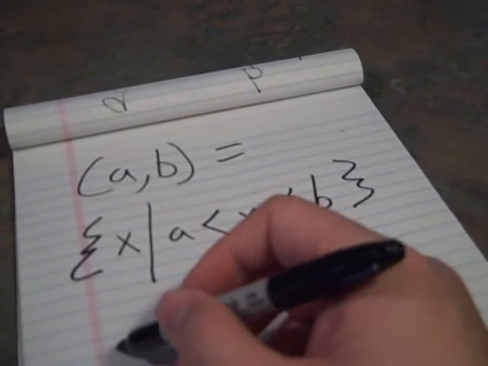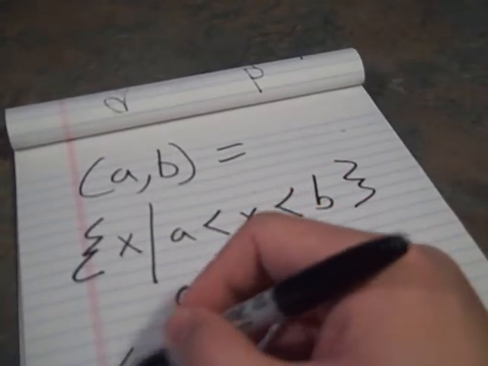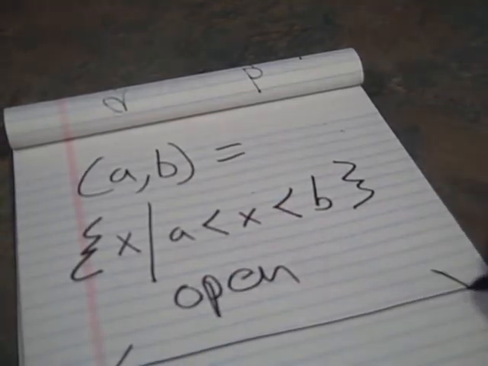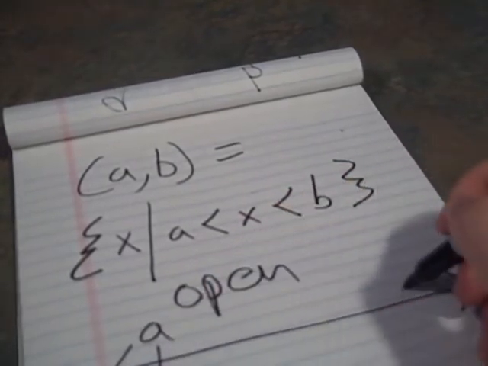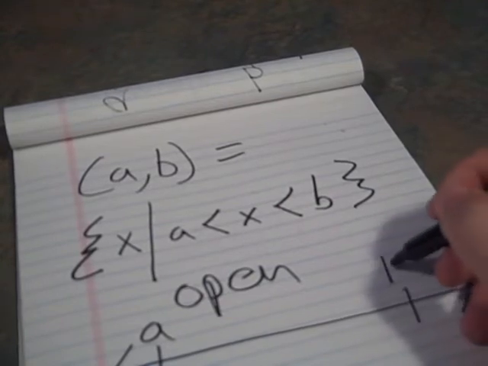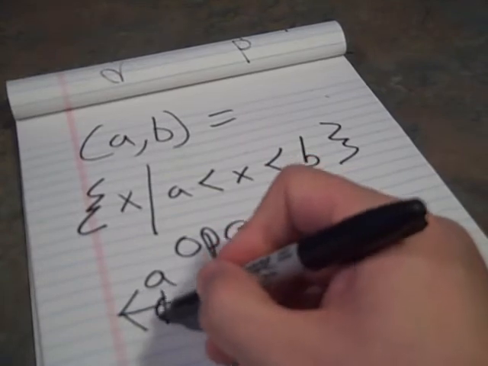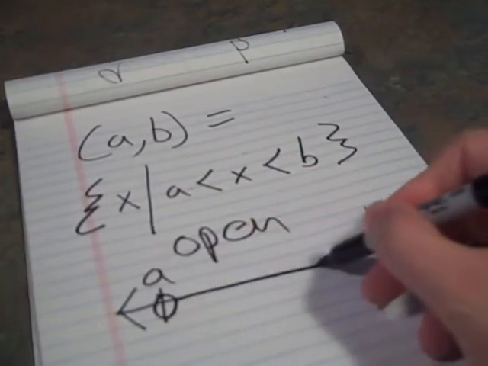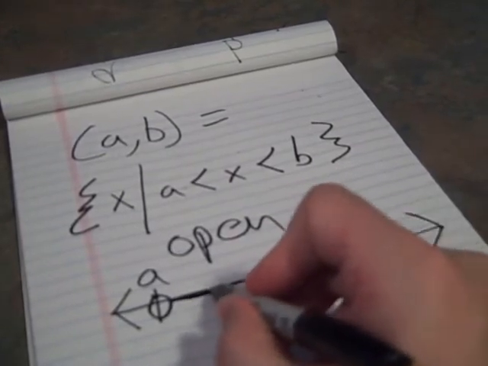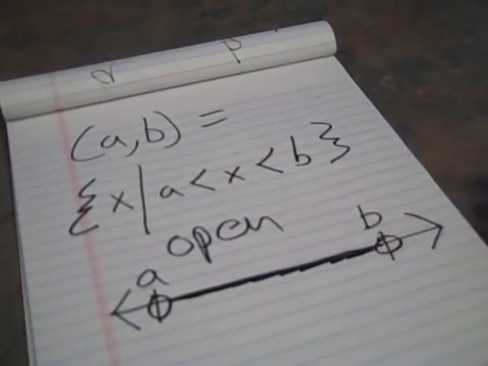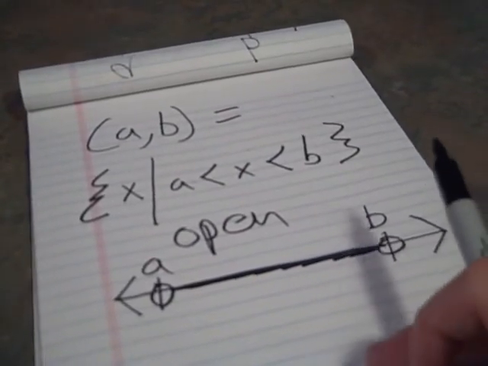It looks like this, and we write it with an open circle, and we color this in a little bit. So that's the open interval.